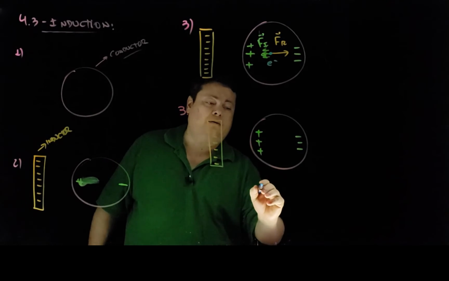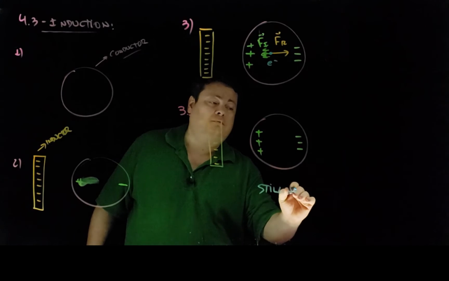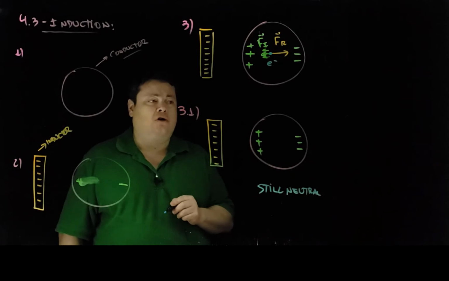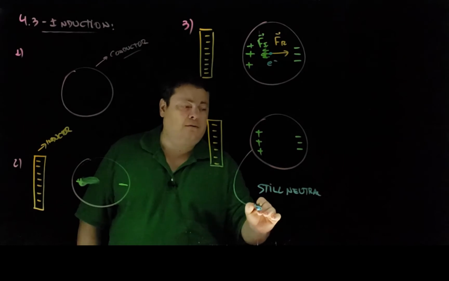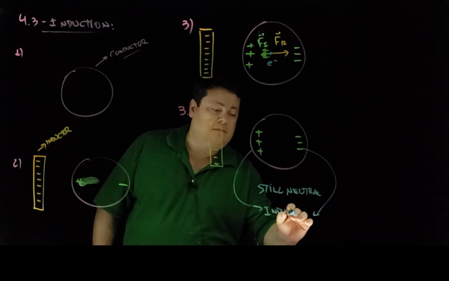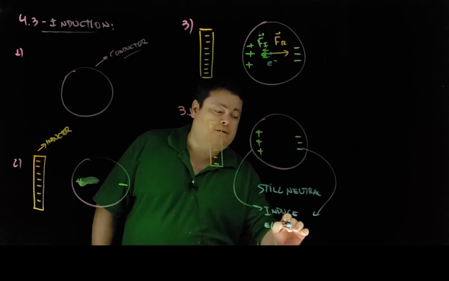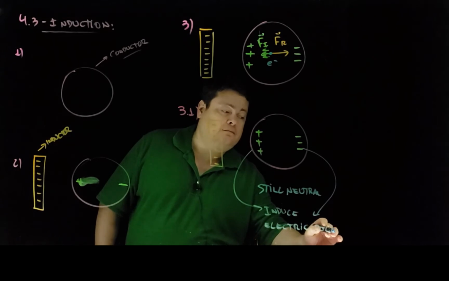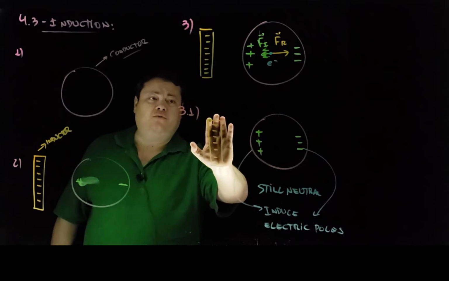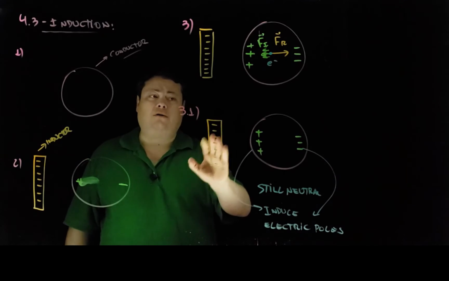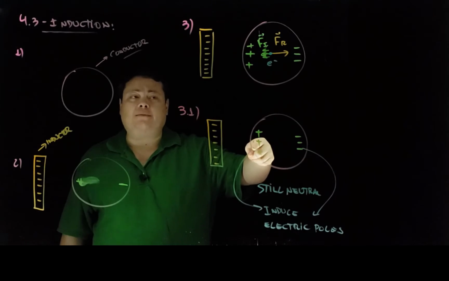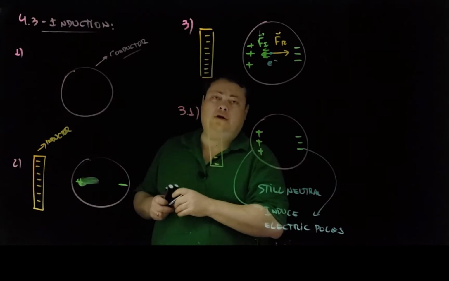This sphere is still neutral. What we did with the presence of the external charge is to induce electric poles, but it's still neutral. If at this point I remove my inductor, my external charge, these negatives will just move back and will neutralize the positives, and the whole thing comes back to this initial condition here.